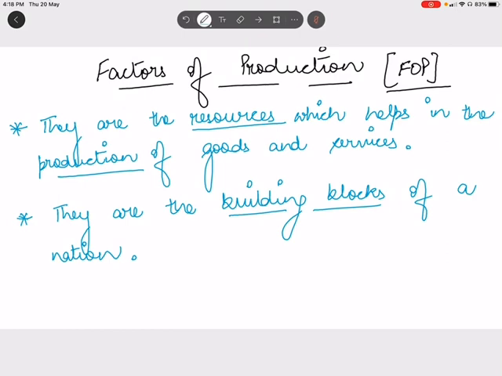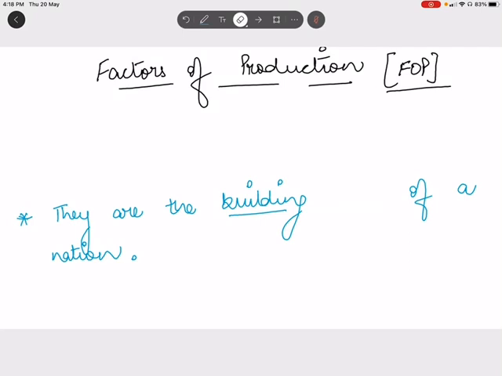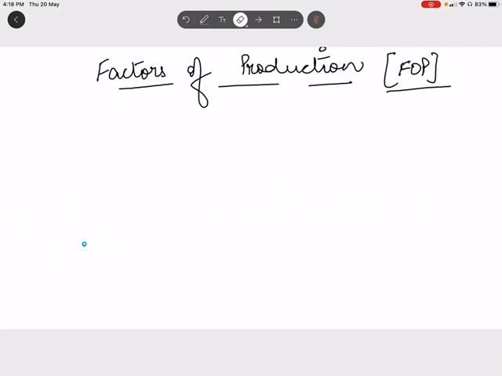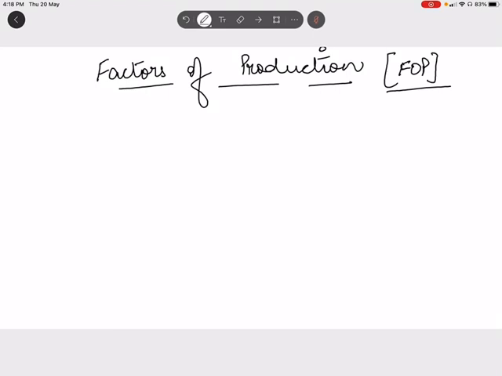Now, after discussing the definition of factors of production, the next important subcomponent in this topic is what the types of factors of production are, what all is actually included in the factors of production. So in economics we have divided factors of production into four parts. We can say that there are four main factors of production.